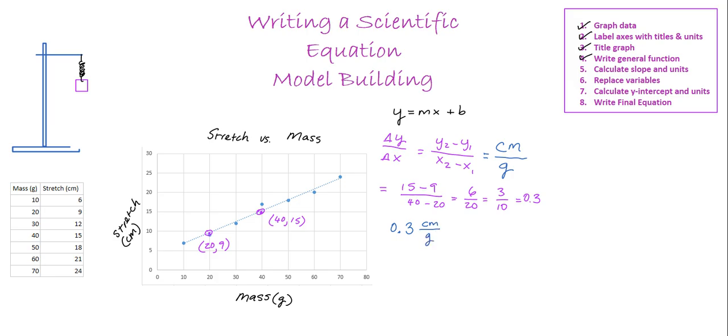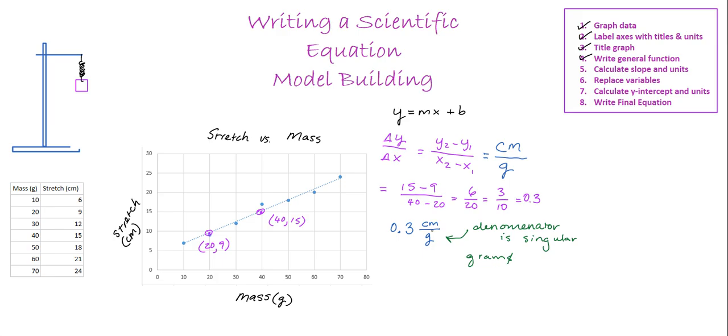We want to make sure that this denominator is a singular word, not plural. So instead of saying grams, we cross out the s and say 0.3 centimeters per gram, singular.